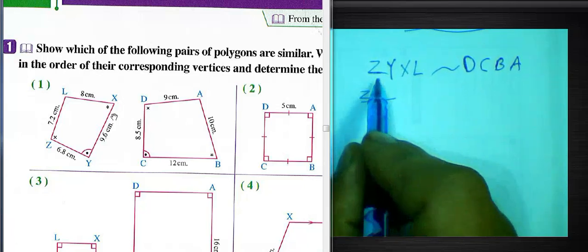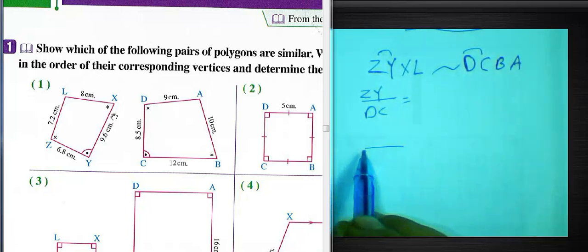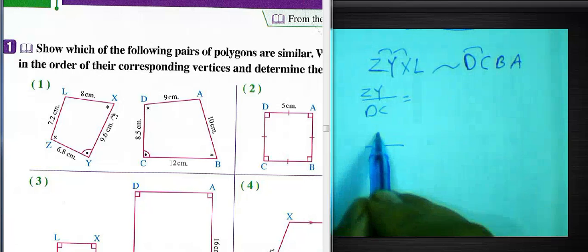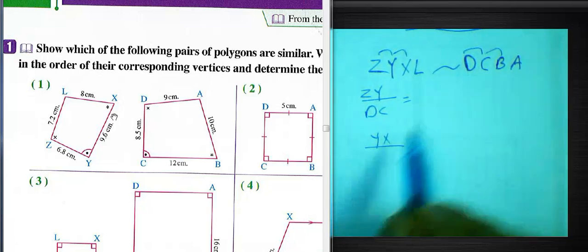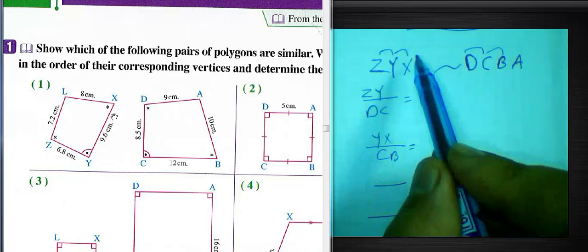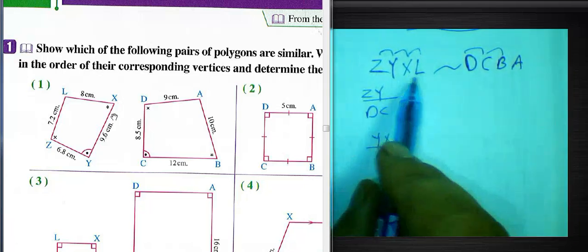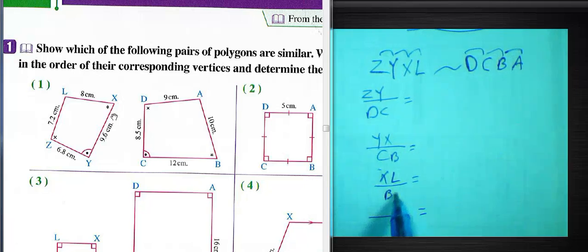The first ratio is ZY over DC, and YX over CB, and we will complete the ratios: XL over BA, LZ over AD.